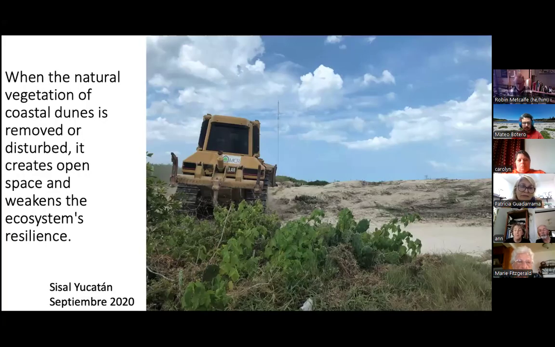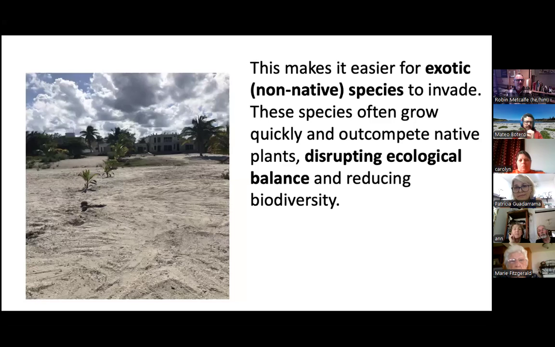When the natural vegetation is removed or disturbed, it creates open space that weakens the ecosystem's resilience. And this makes it easier for exotic or invasive non-native species to invade.